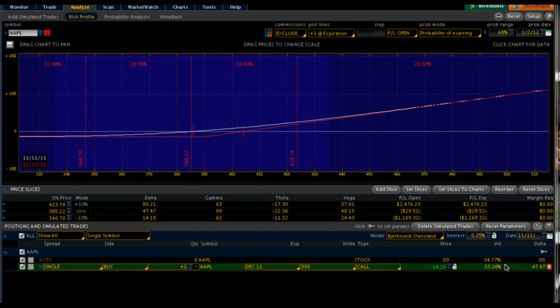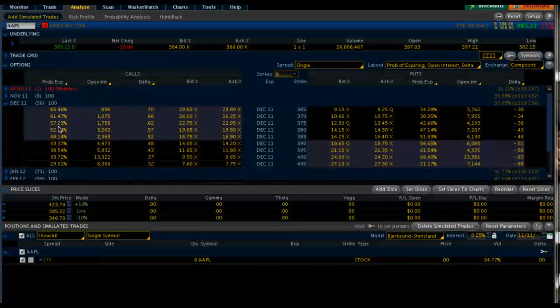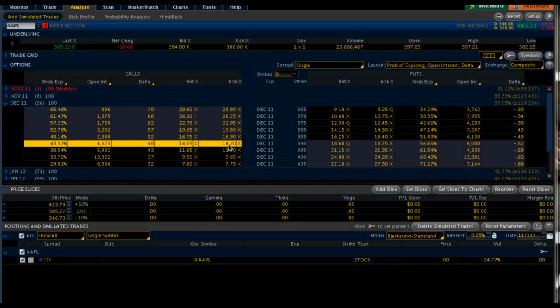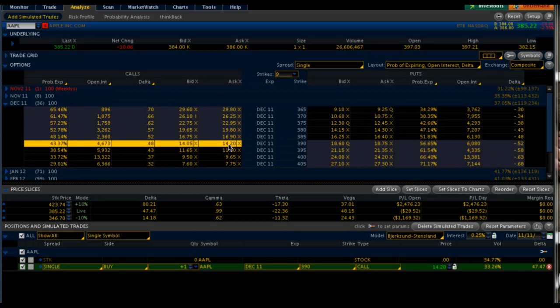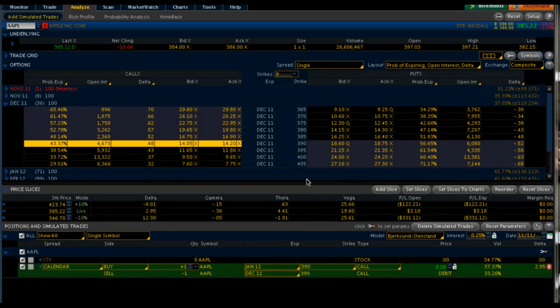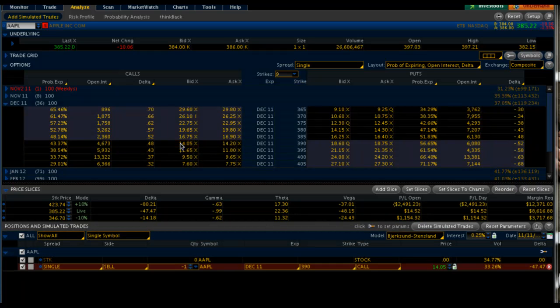So what I am doing is purchasing, and in December, I am selling at the 390 strike price.